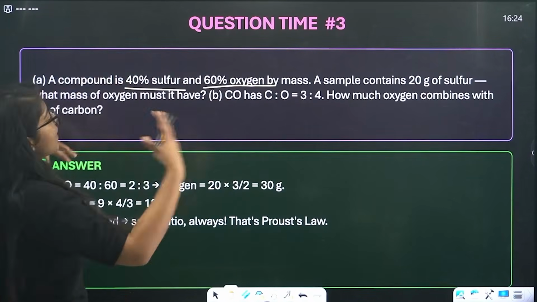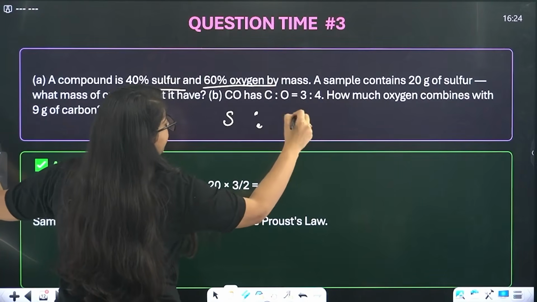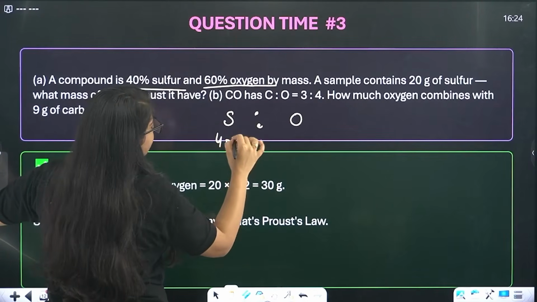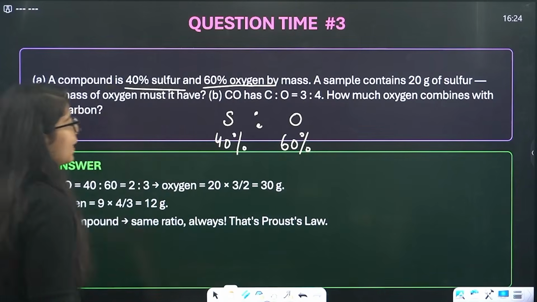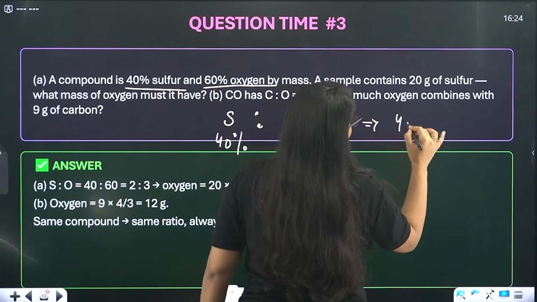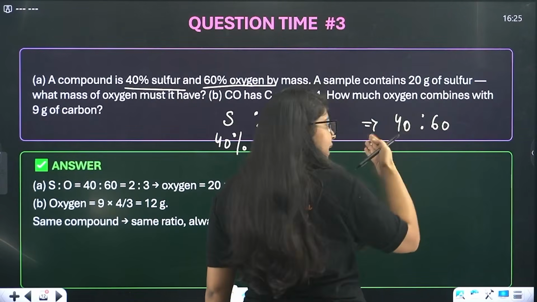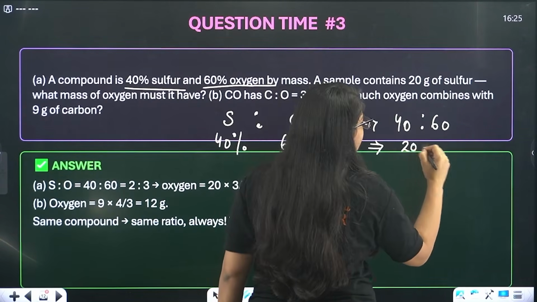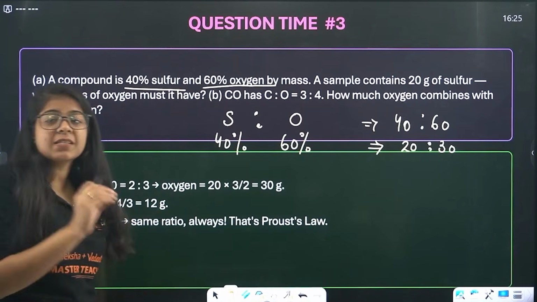Whenever they give you percentages, sulfur and oxygen by mass are 40% and 60%, right? So can I write this as 40:60? And if I reduce the fraction, it will be 20:30. So that is the ratio of their masses.